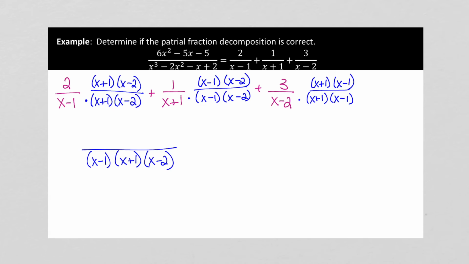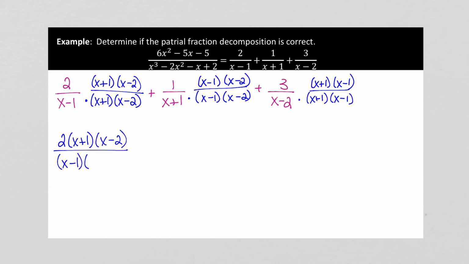So, on the top, it's going to be a lot bigger than I have room for there. So, let's get to work on that. So, we have 2 times x plus 1 times x minus 2 over x minus 1 times x plus 1 times x minus 2.